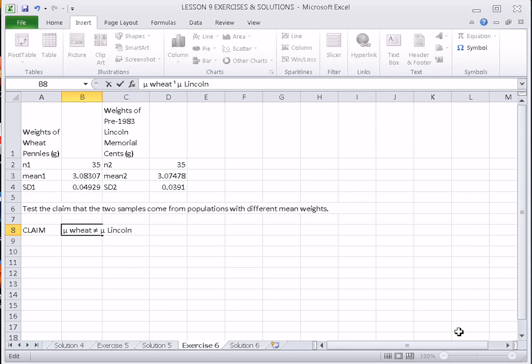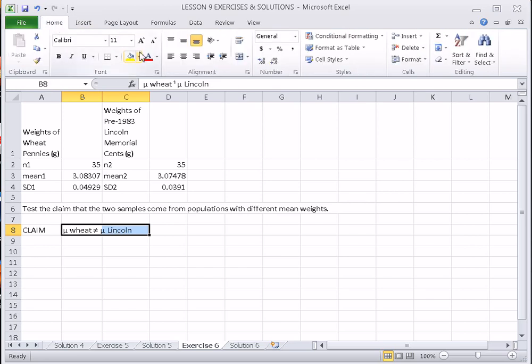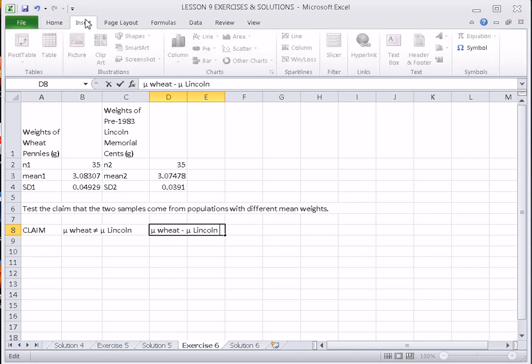Not equal to is the claim, which is the same thing as saying that the difference between these is not equal to 0.